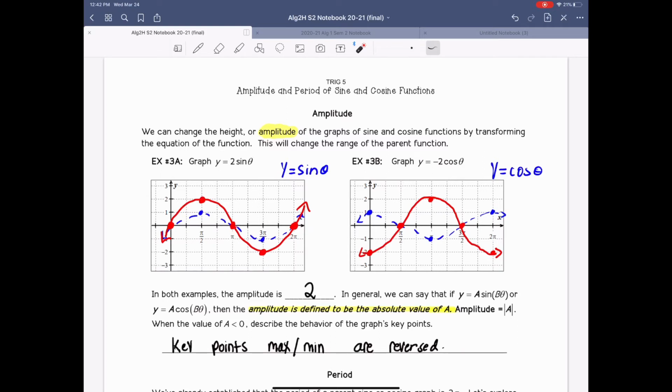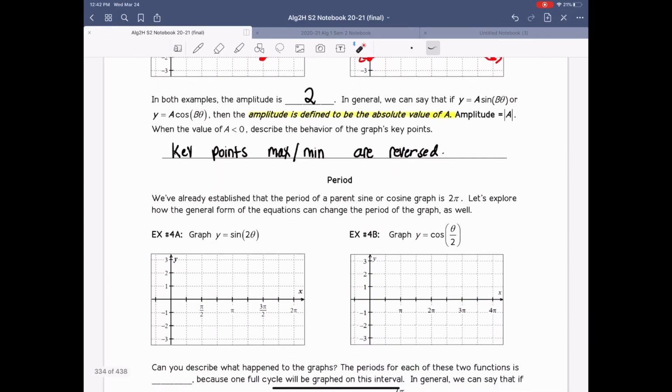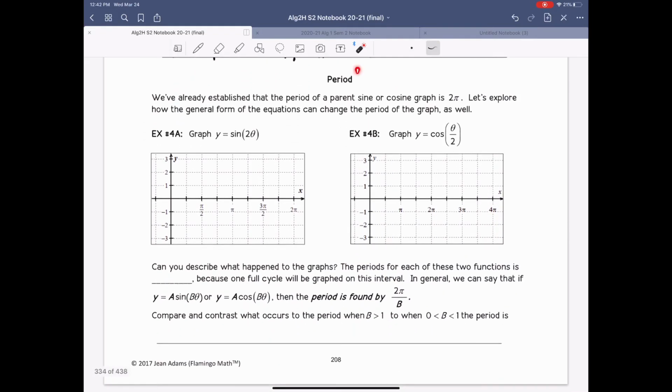All right, so with that being said, let's go ahead and move down to another characteristic of these graphs, which is the period of the functions. We've already established that the period of a parent sine or cosine graph is 2 pi. And we know this is because one rotation around the unit circle is 2 pi radians. Now let's explore how the general form of the equations can change the period of the graph as well.